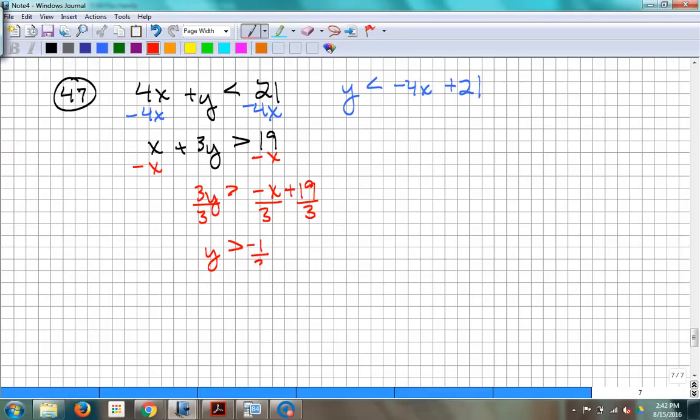So that's negative 1/3 x plus 19 over 3, which is 6.3 repeating. So I'm just going to rewrite it in decimal form there because I'm going to graph this. So that's 6 1/3.